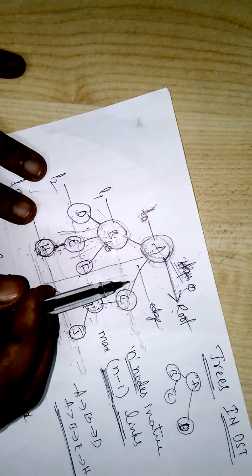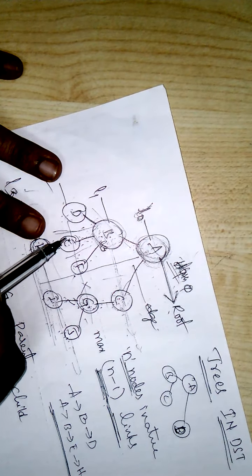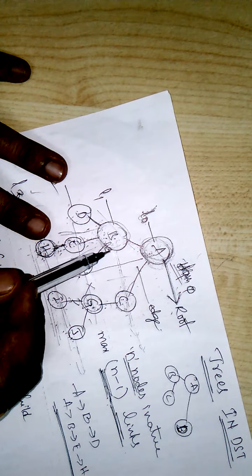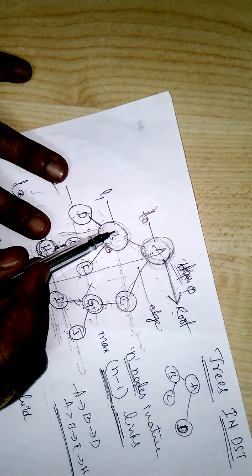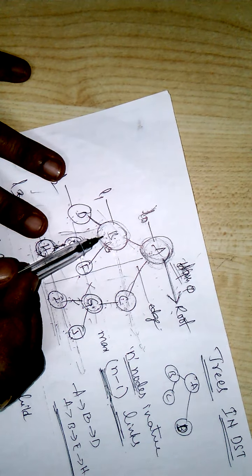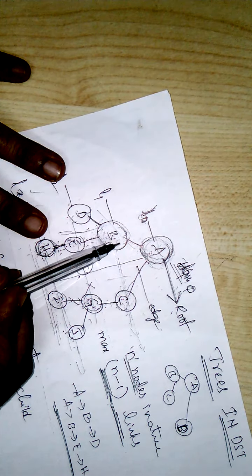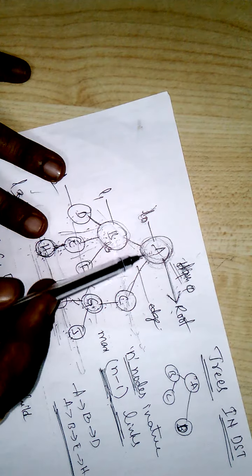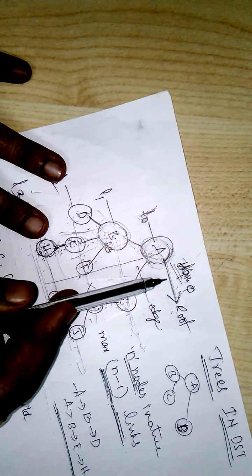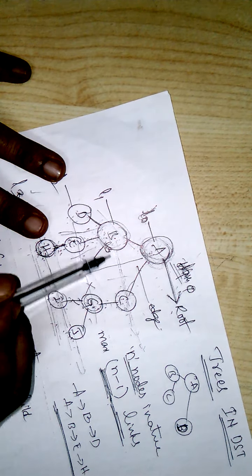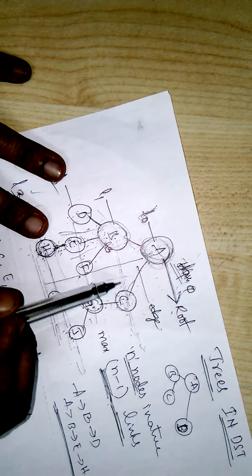Next, degree. Degree of a node means the total number of children of that node. See here, if you take A, what is the degree of A? 2. How many children? 2.